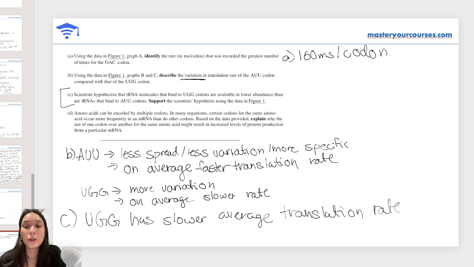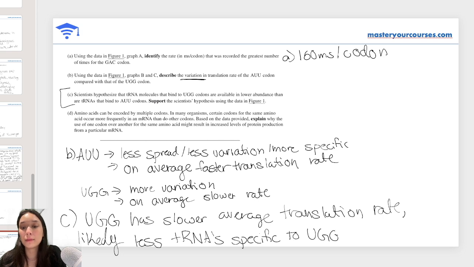And so since the translation rate is slower, it's likely that there are less tRNAs, likely less tRNAs specific to UGG, limiting rate. Okay.